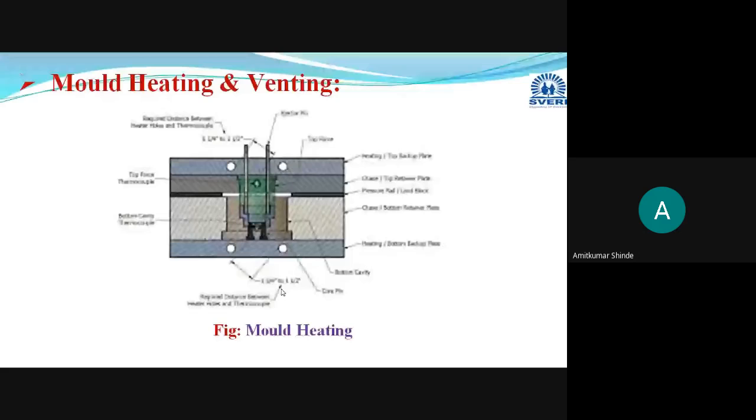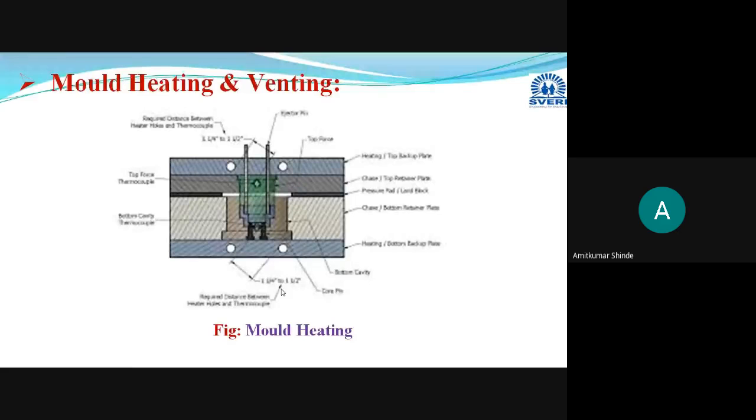Whenever we are using oil or steam, suppose we measure the difference between any two parts. We have measured the difference in the upper half of the mold and some other location of the mold.